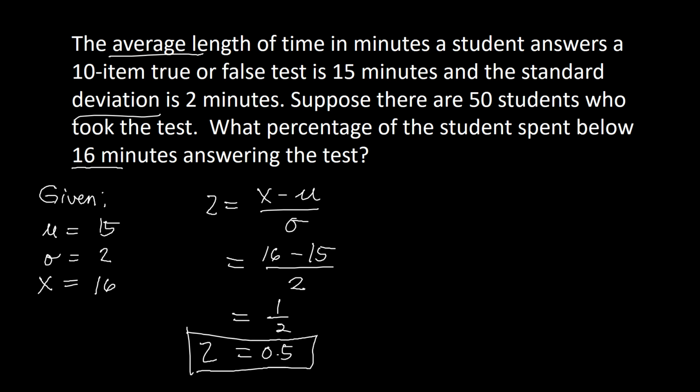Now, when you say below, it means we are looking for the area that is below your 0.5, meaning it's an area towards the left side because all the values of z that are below 0.5 are always on the left side. So when you have keywords like below here, that is similar to when you say to the left.